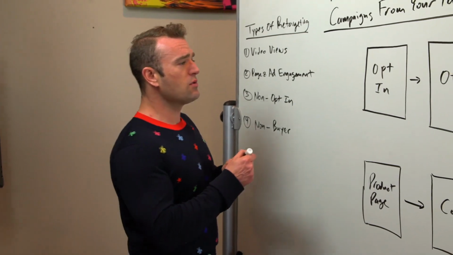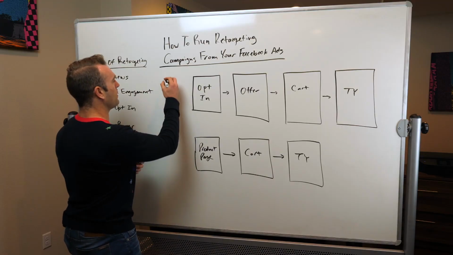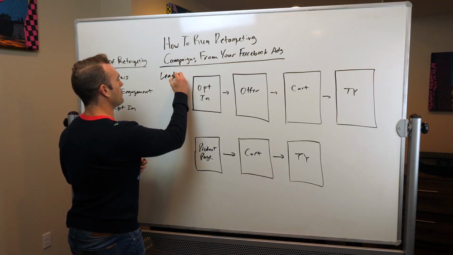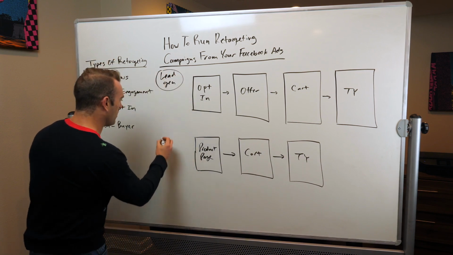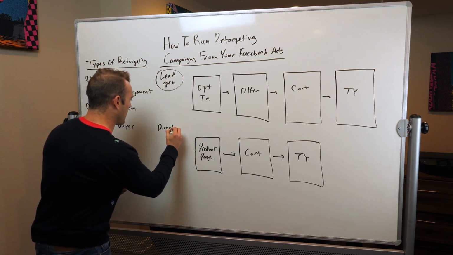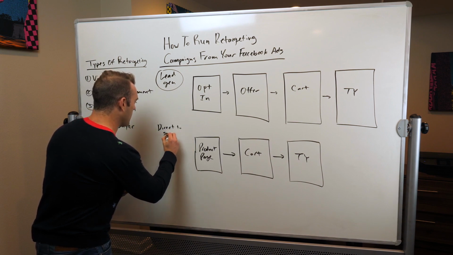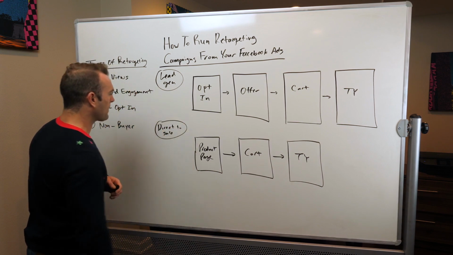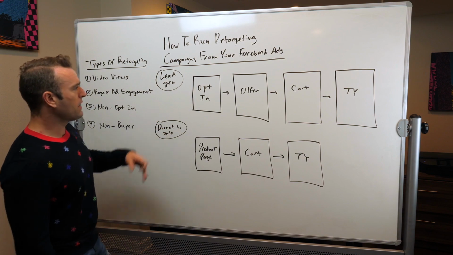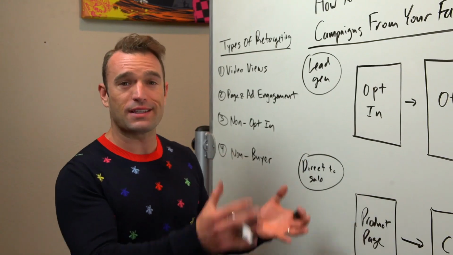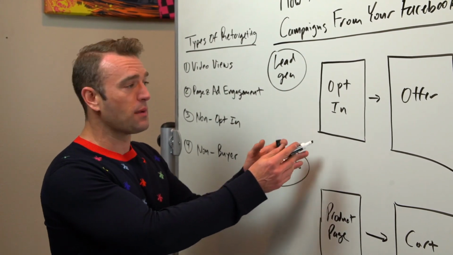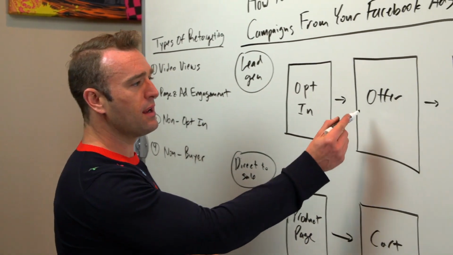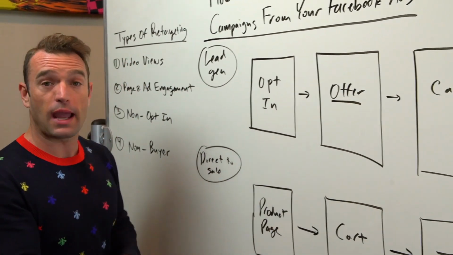There are really 2 different types of business models when we break it down to its simplest form: lead gen and direct to sale. Lead gen can take quite a few varieties. Here I've mapped out a simple common model: an opt-in page offering a lead magnet, then a redirect into some kind of offer.